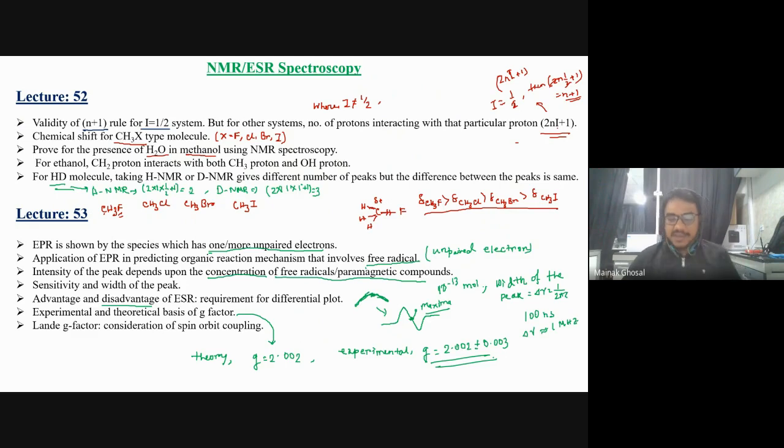Why is that so different? Because experimentally the spin orbit coupling factor actually arises. Sometimes you can see another G value other than this one. This one is actually considering no spin orbit coupling. There is no spin orbit coupling, so you will get the value of 2.002.